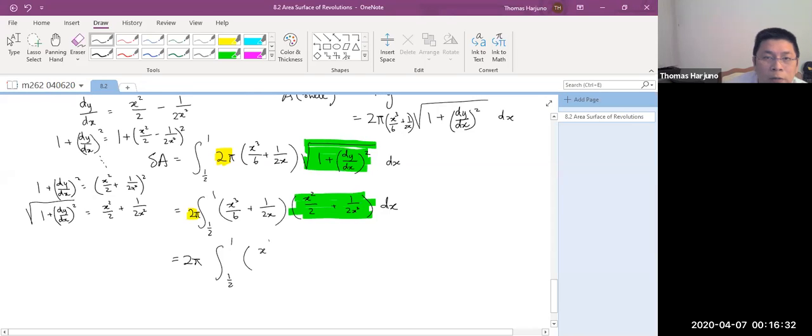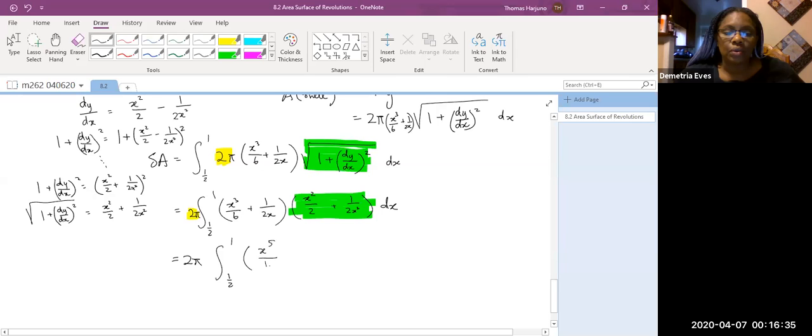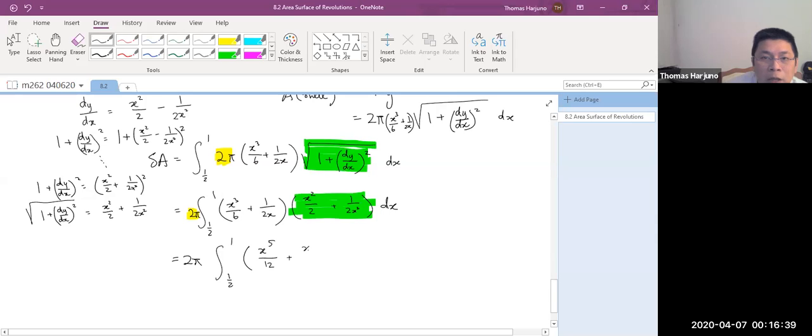So x to the 5th over 12 plus x over 12 plus x over 4 plus 1 over 4x cubed, dx. That's what you need to integrate.